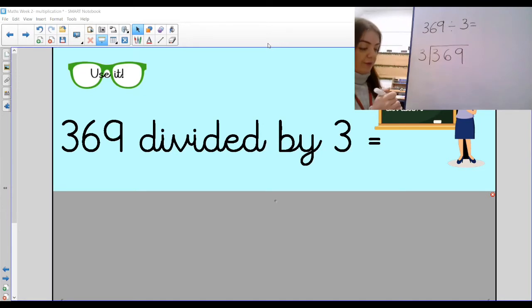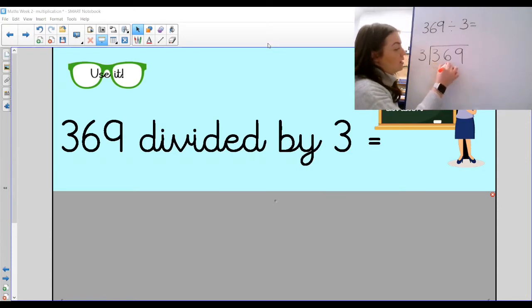369. Now, the first things first that helps us to really understand this method is by drawing your place value counters. Now, you will see throughout your questions today that PowerMath use their place value counters, which is why I am showing it you now, so it's not a shock to your system. Okay, so I've got 300, I've got 6 tens, 10, 10, 10.